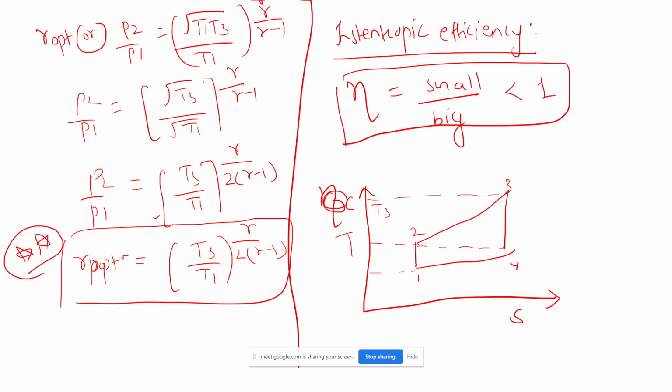For problems we assume that process 1 to 2 is isentropic, but in actual condition no process is isentropic, so every time there is a difference.